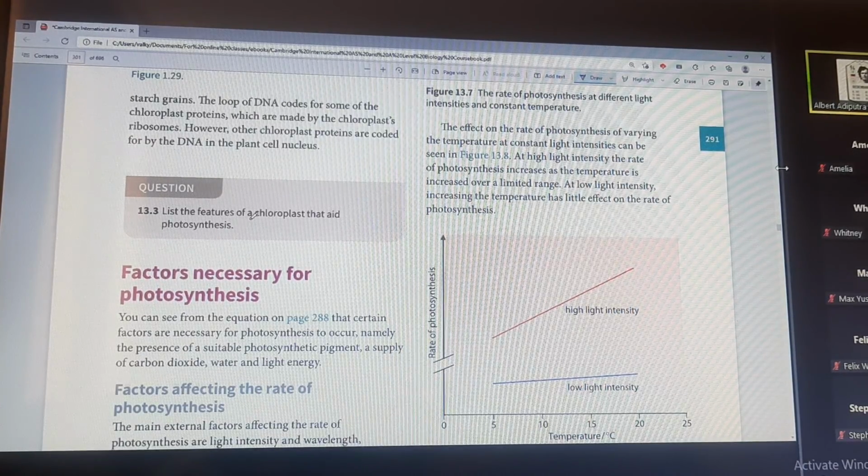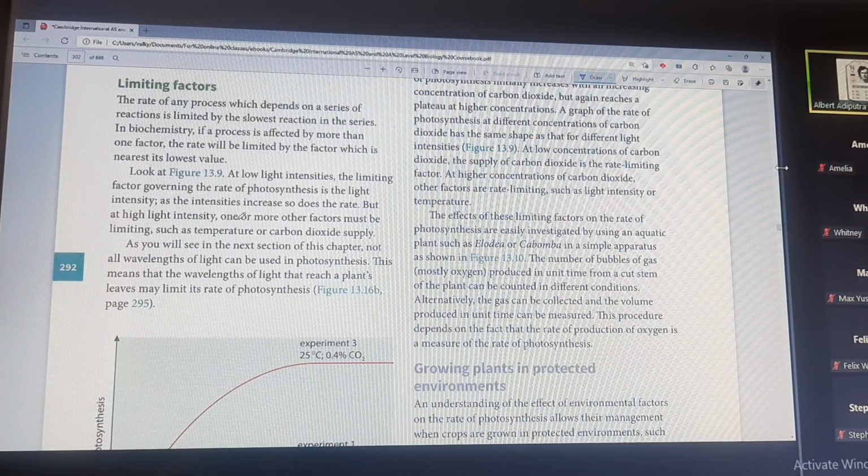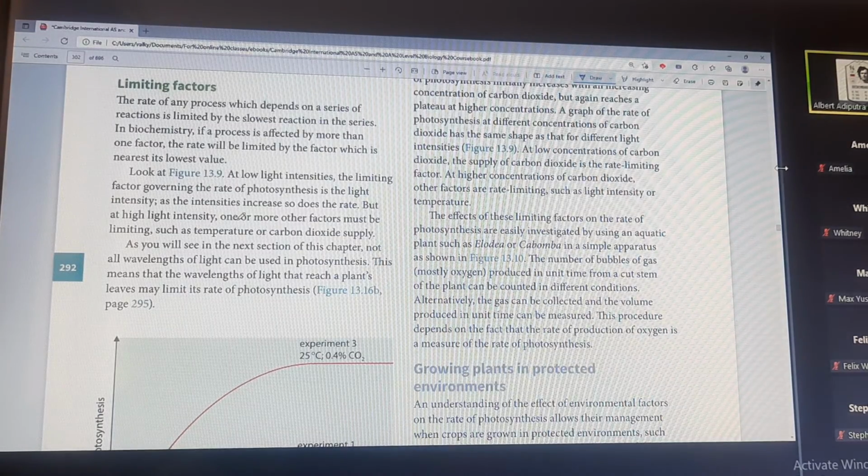And here in the same section, we're gonna also learn about the limiting factors. But the limiting factors here are not different at all from what you have learned 2 years ago with me about the limiting factors.